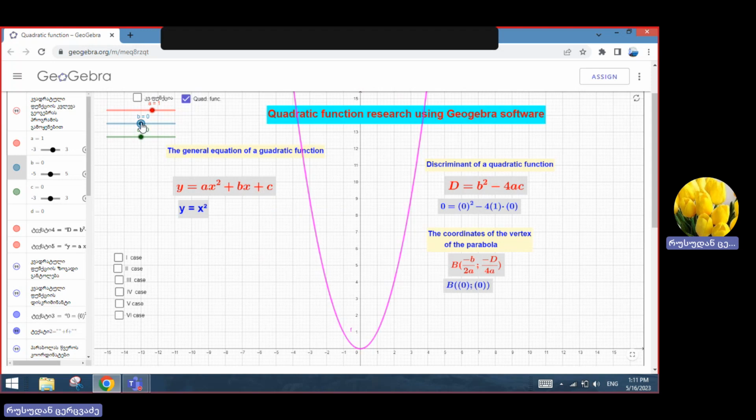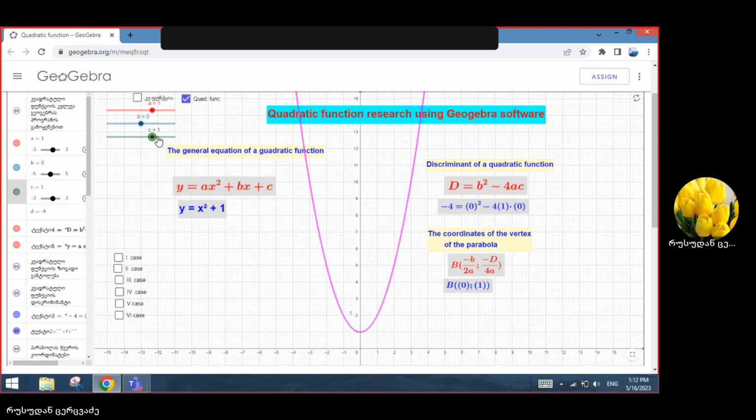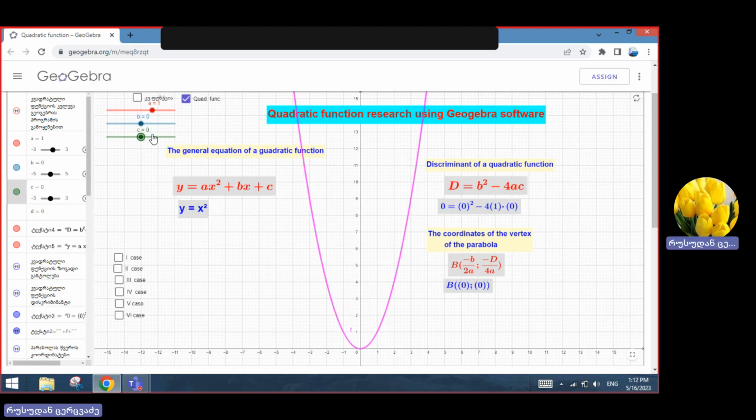C is more than 0, so the graph will rise up by C units. C is less than 0.